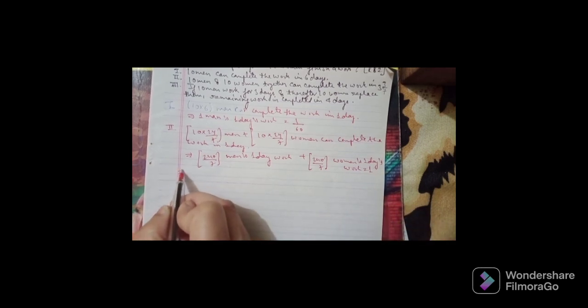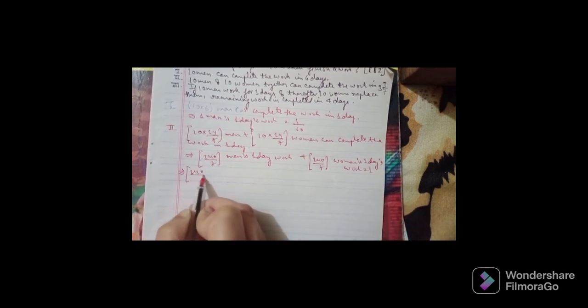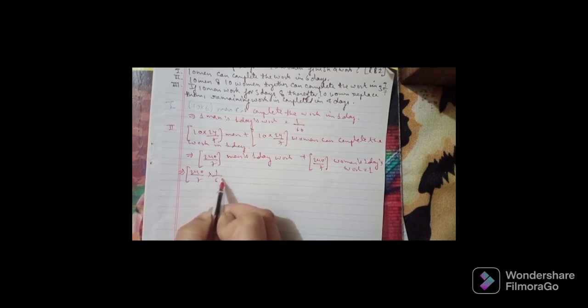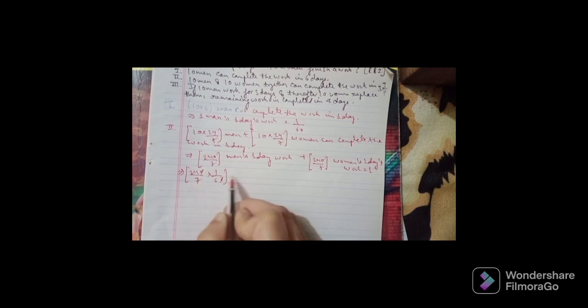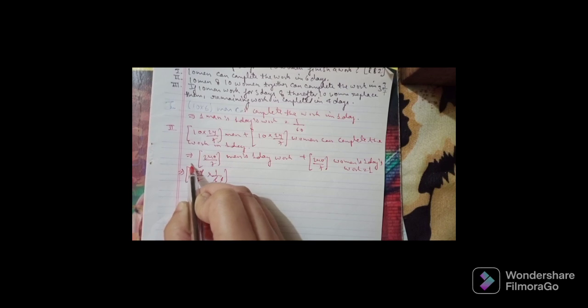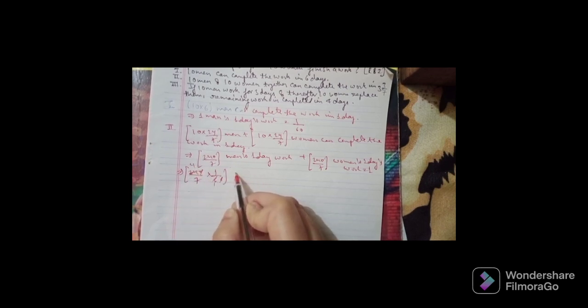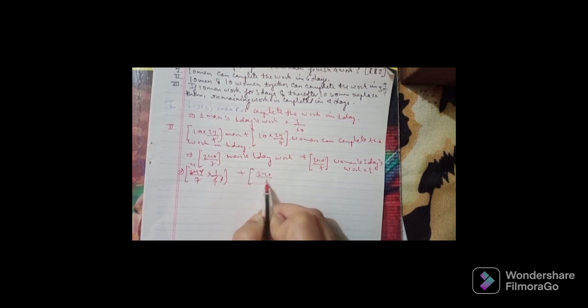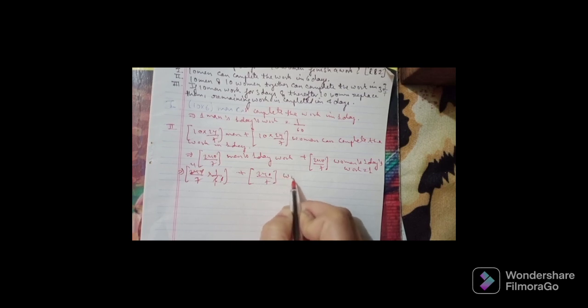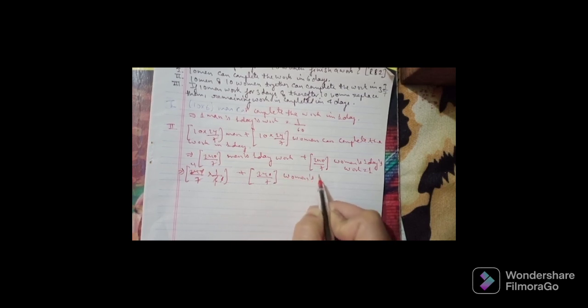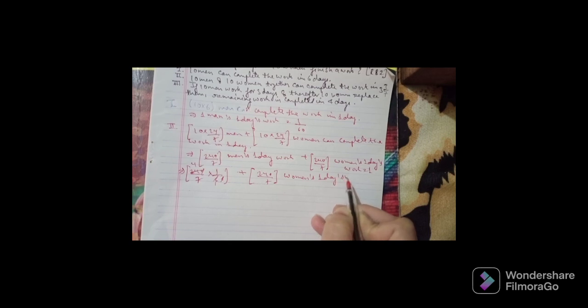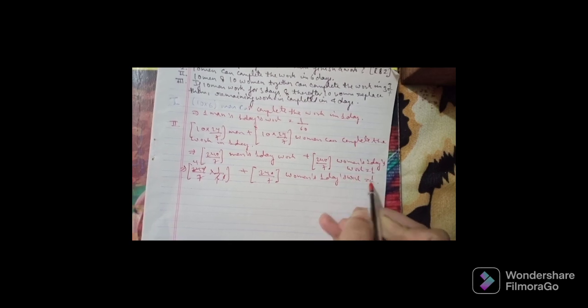So 240 upon 7 into 1 upon 60, the 0 will cancel out, and then further it will be cancelled. 6 ones are 6, 6 fours are 24, and that further cancels out, plus 240 by 7 women's 1 day's work equals 1.